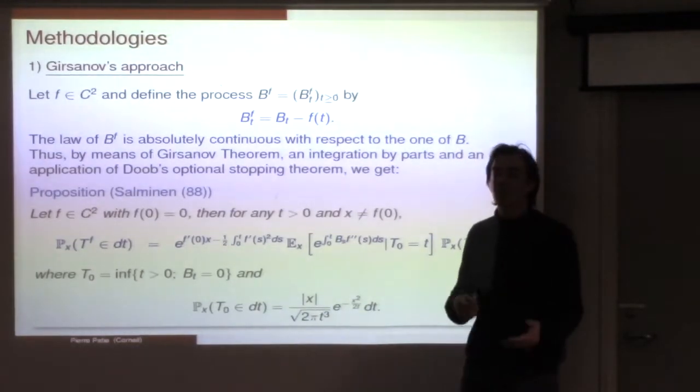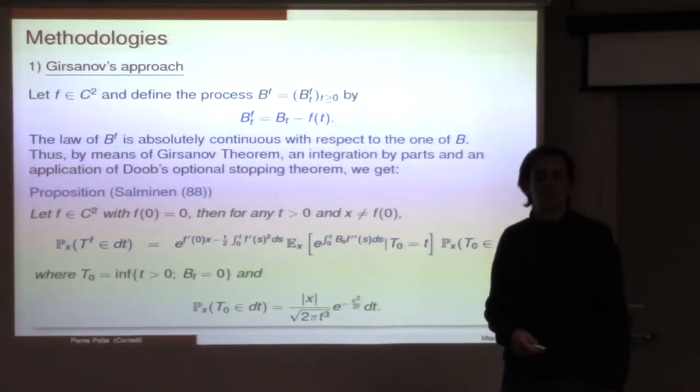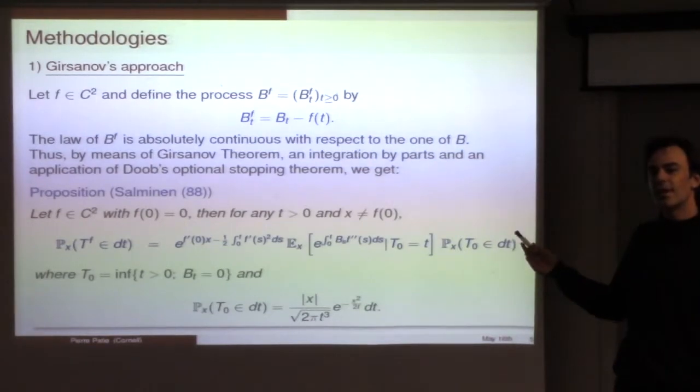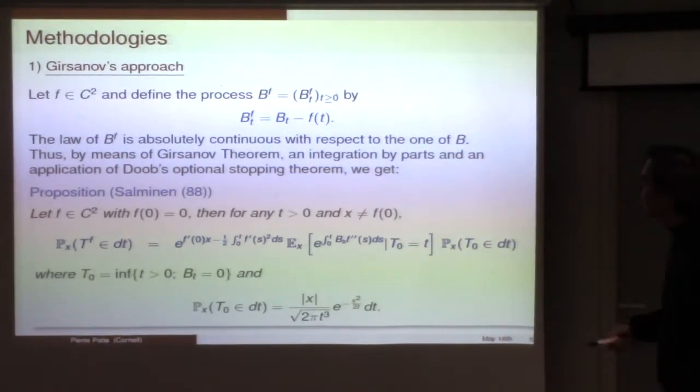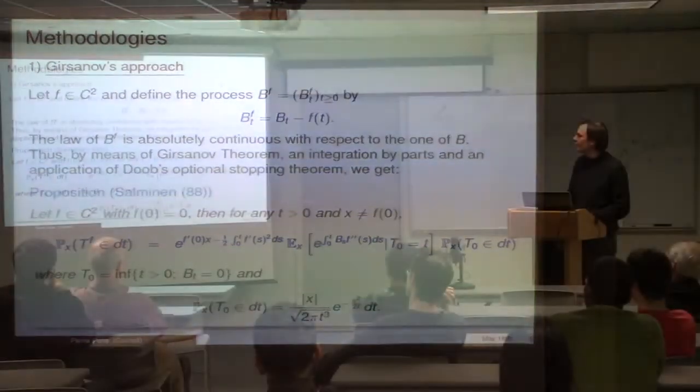But if you consider the quadratic curve, then you will have something homogeneous. So the Girsanov approach has allowed us to get explicit representation for the boundary crossing of the linear curve and the quadratic one.